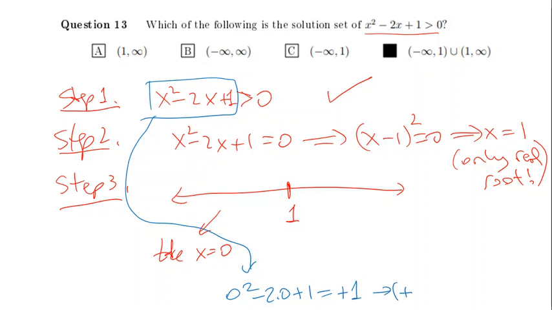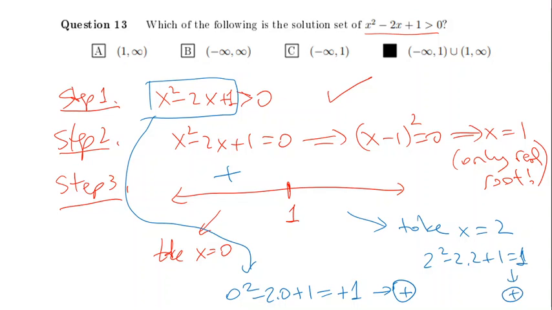It's positive, so this has to be plus. Now take x equal to 2: 2 squared minus 2 times 2 plus 1, which is 1, so we write plus here.